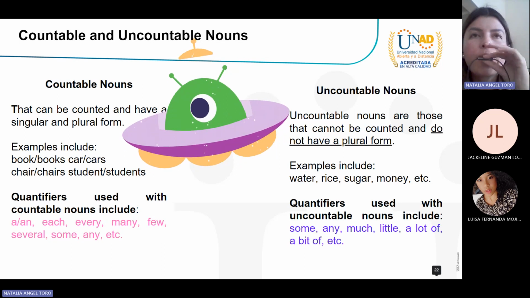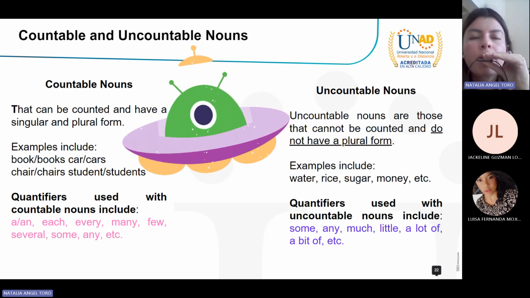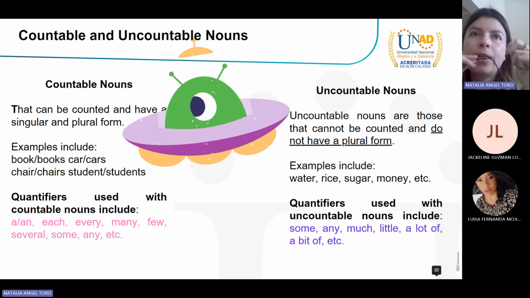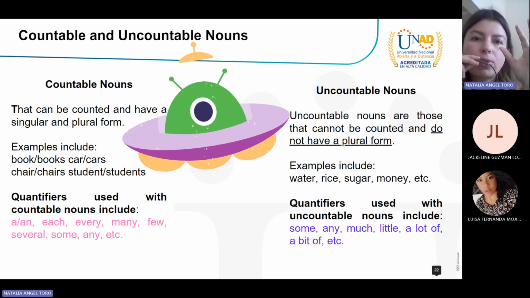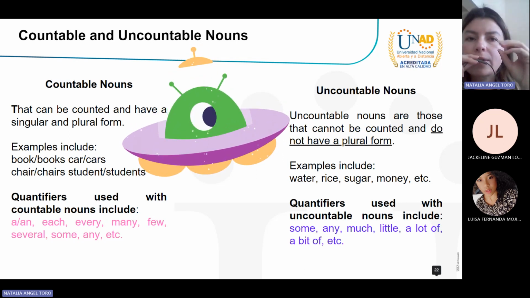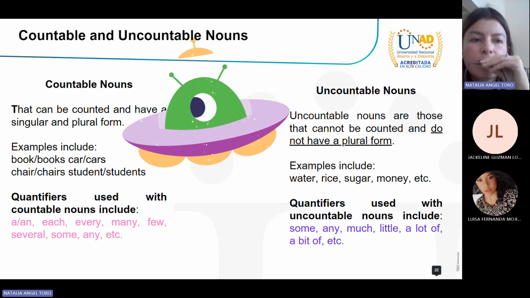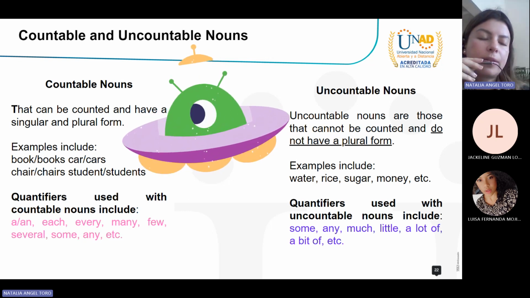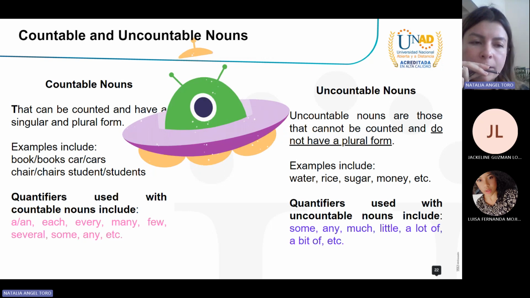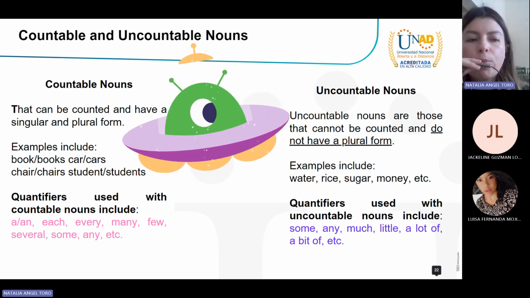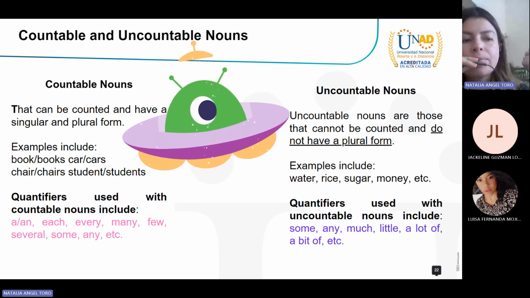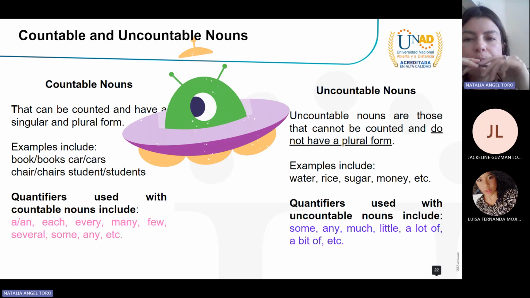We are pretty sure about the number of the nouns. For example, there are 3 tables, 2 cars, 5 students. So we are pretty sure the noun is countable. Book or books, car and cars, chair, student or students: we can identify if it's singular or plural.